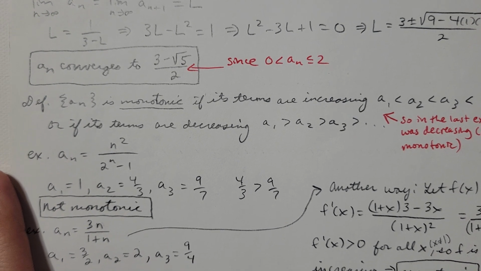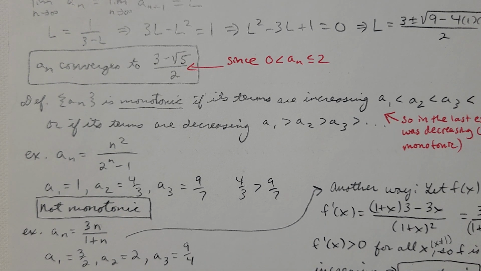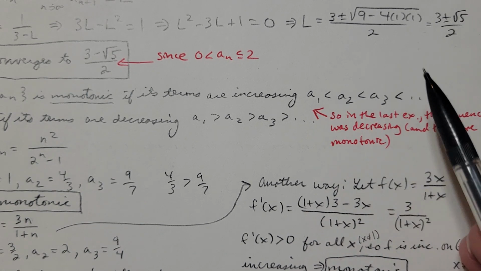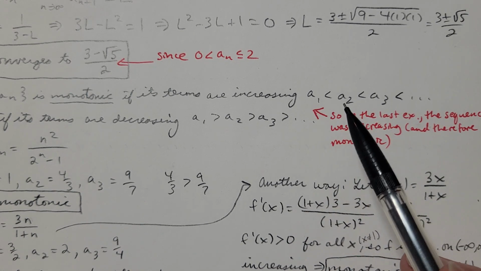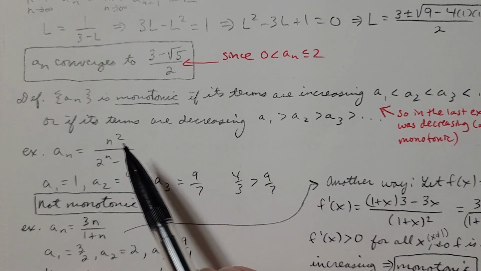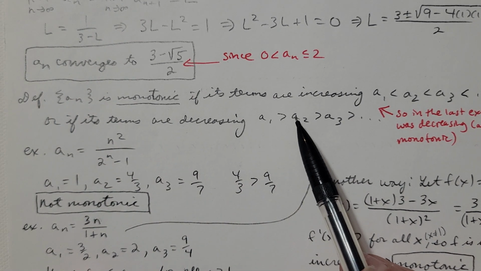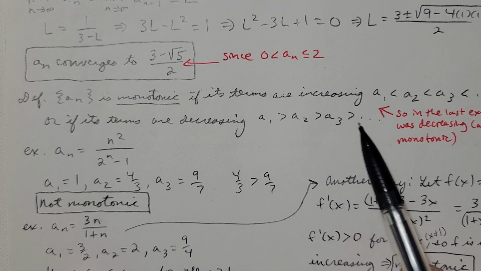Let's take a look at a definition. It says that the sequence a sub n is called monotonic if its terms are increasing, so that is, the next term is always bigger than the previous one, or if its terms are decreasing, so the next term would be smaller than the previous one.